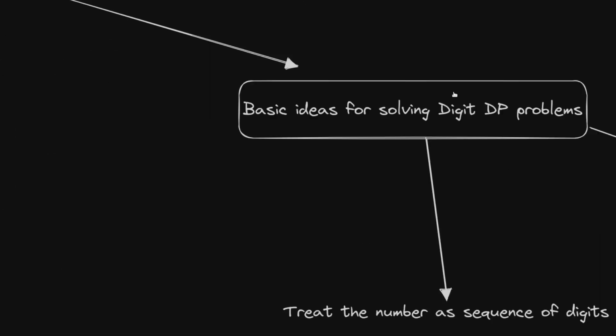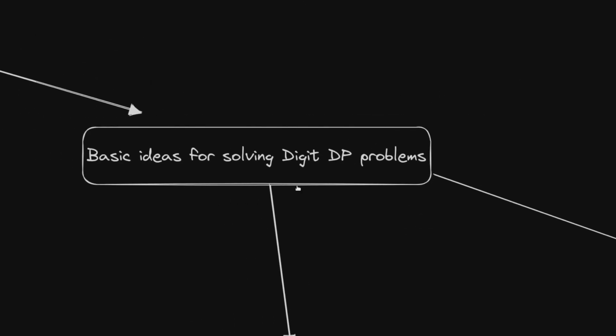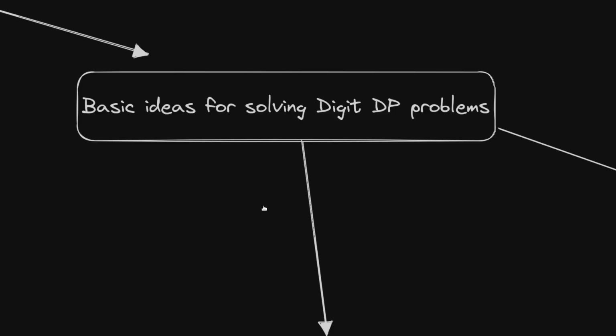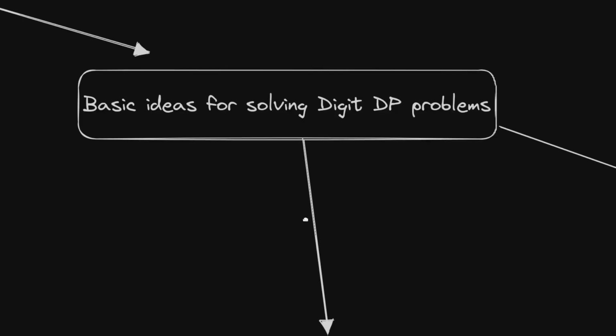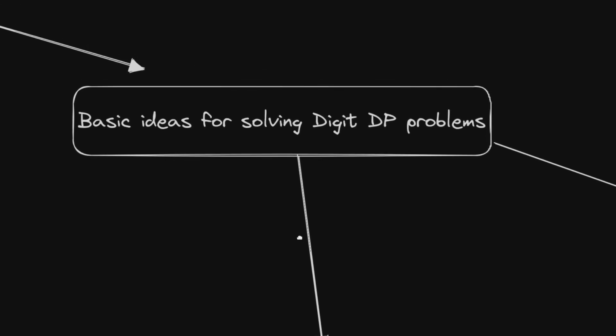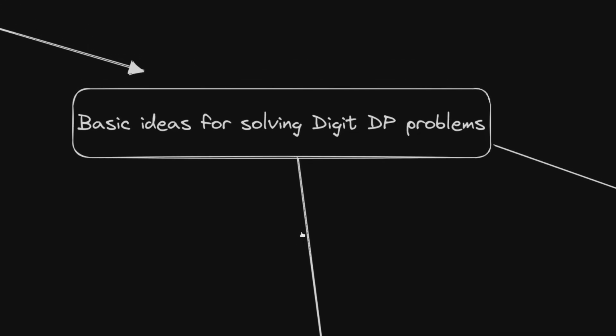Next, let's discuss how to approach such problems and what observations we can use. What ideas from dynamic programming can we use in counting the numbers?